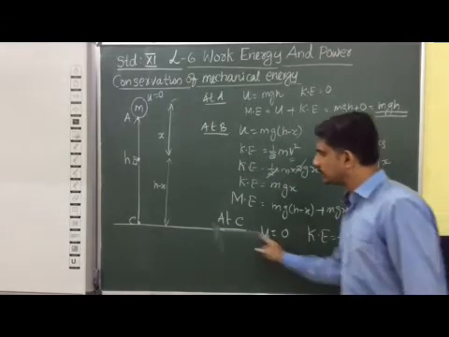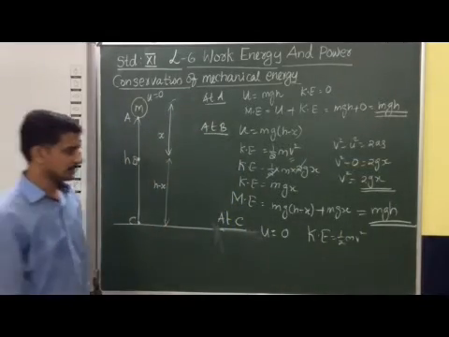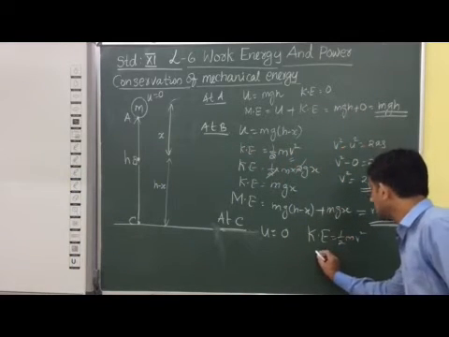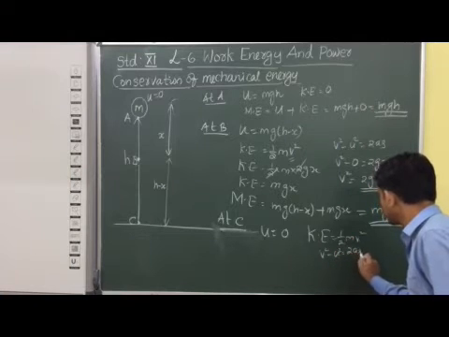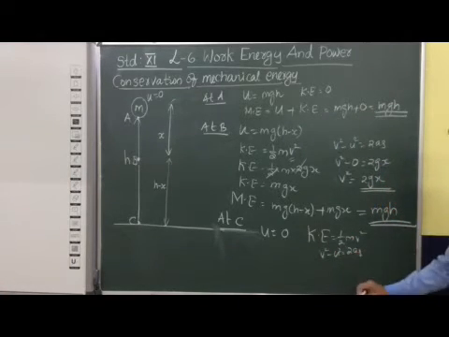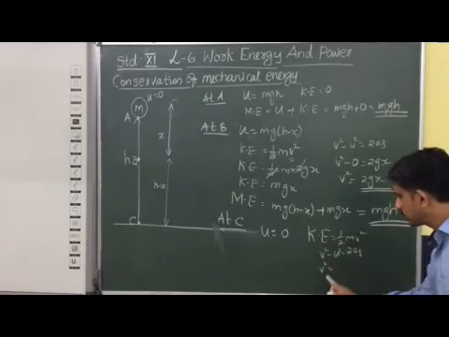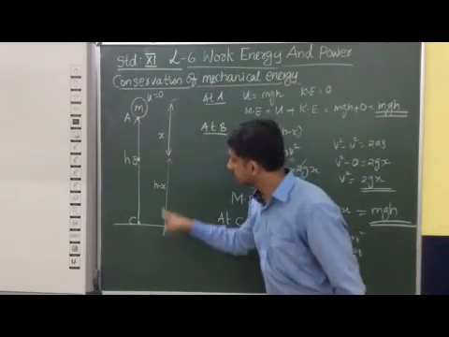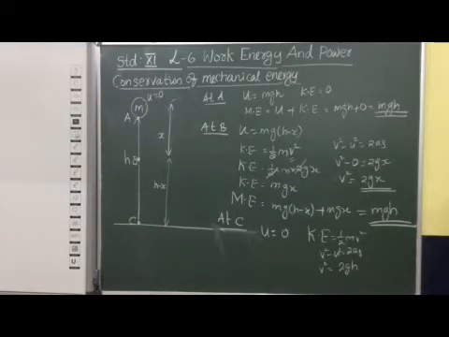We have to calculate the velocity acquired by this object just touching the ground surface. We use the same formula, v square minus u square is equal to 2as. Since u is 0, v square is equal to 2g, and the distance travelled is h, so v square is equal to 2gh.